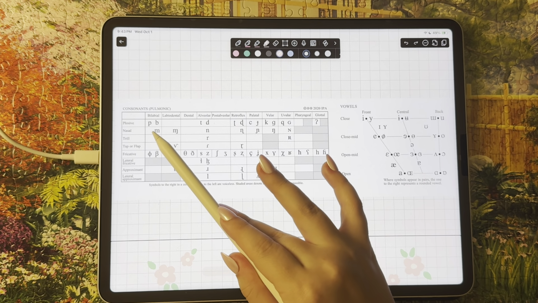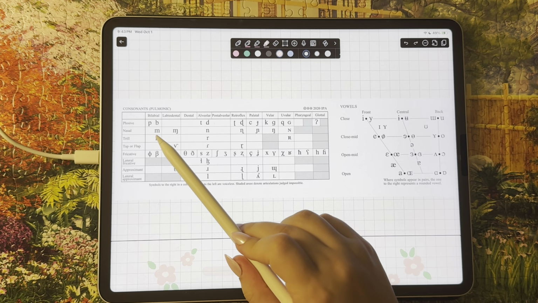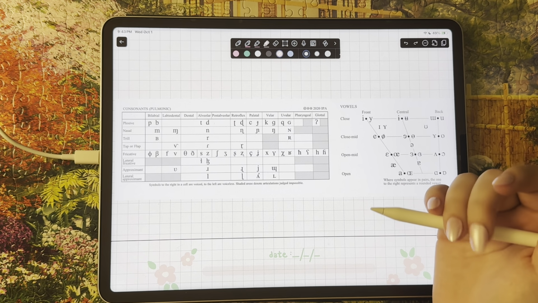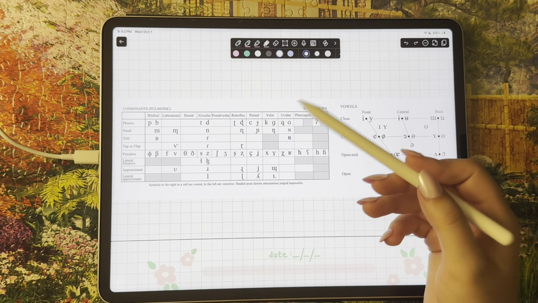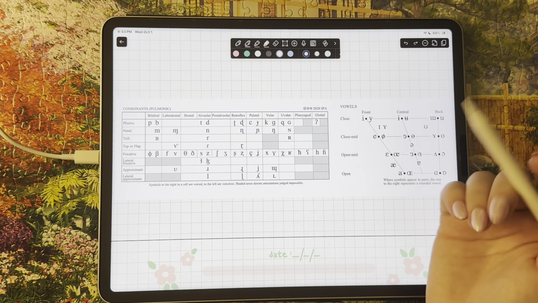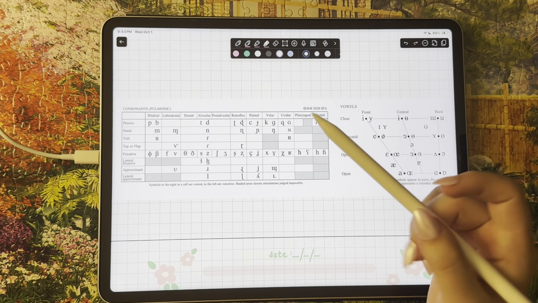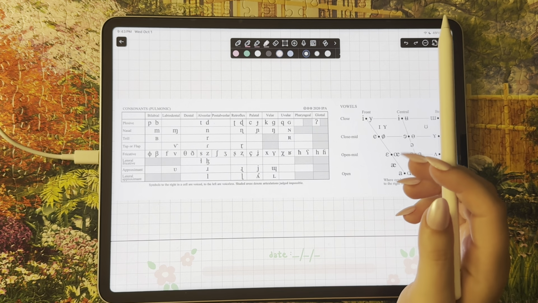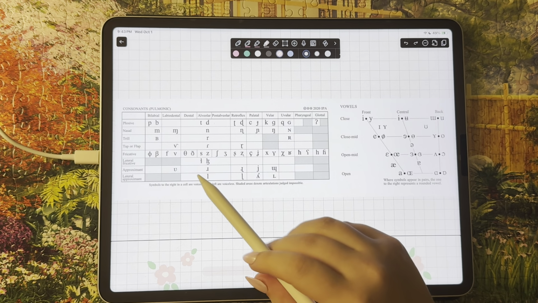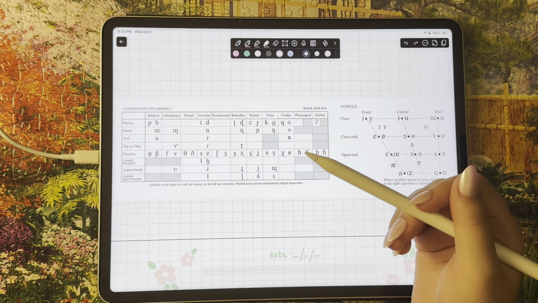Now we have the nasals, which is pretty much written everywhere in English. If you have an M written like that, it's most likely just going to be pronounced M. And it's a nasal because we're closing our oral passageway, our mouth, and letting the air escape through our nose.